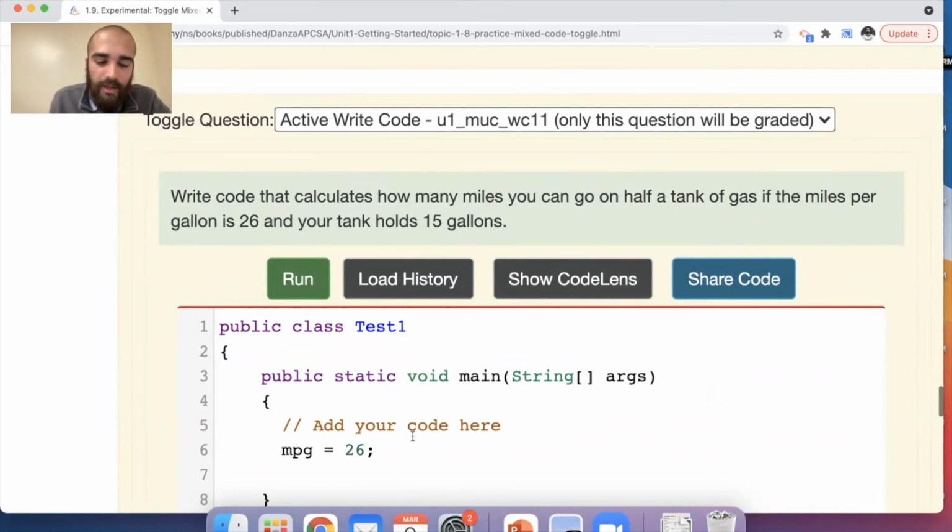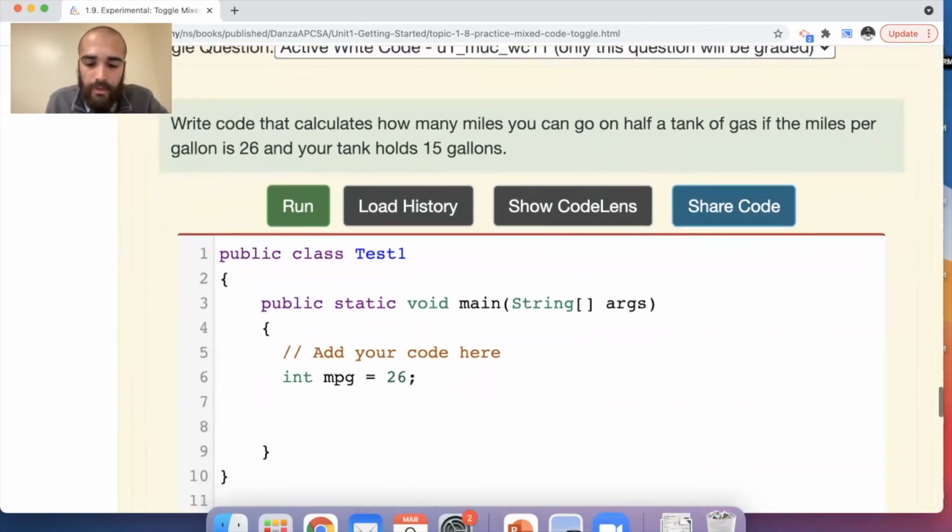And this is not Python, so I'll just say int. And your tank holds, so I'll say tank 15.